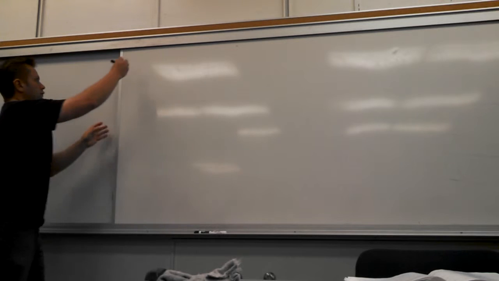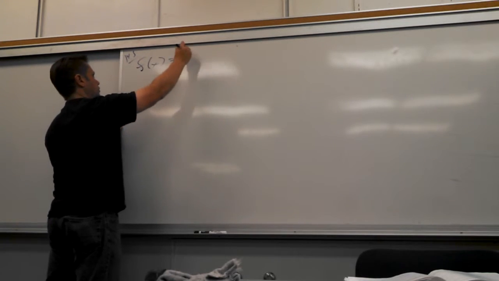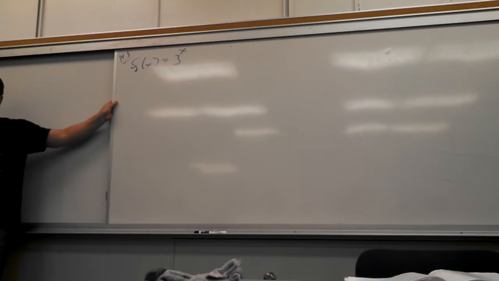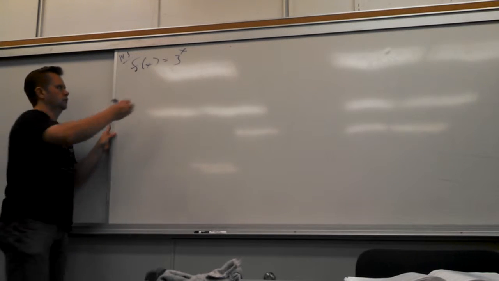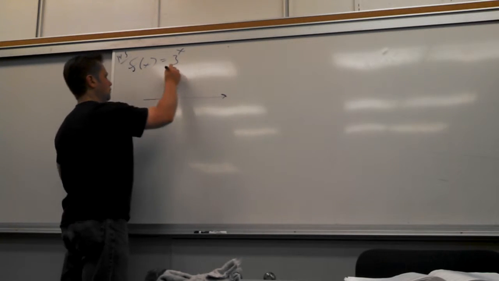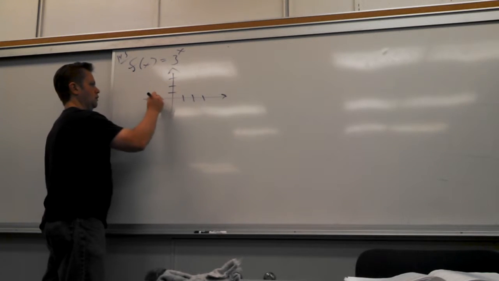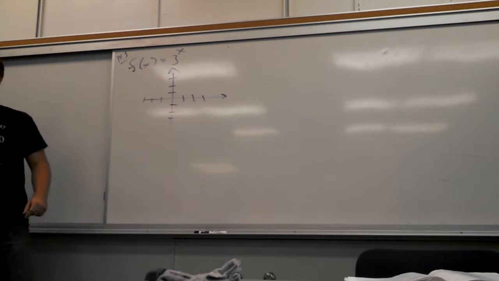So if I give you the function, and this is 14.3, 3 to the x, I can graph that relatively easily, right? How do I graph that? 0, 1. Good.